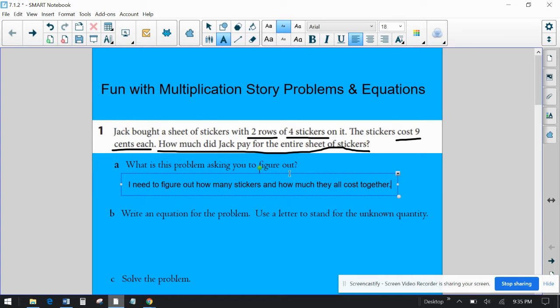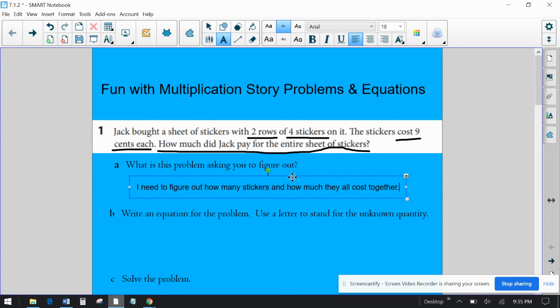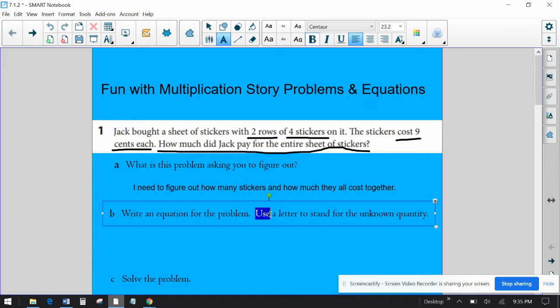Okay, so on your assignment today, you will write a sentence very similar to this. If it's just one step, it's just one answer. If it's more than one step, you got to put both of the steps. Then the second part says, write an equation for the problem, and pay attention to this part. It says, use a letter to stand for the unknown quantity.